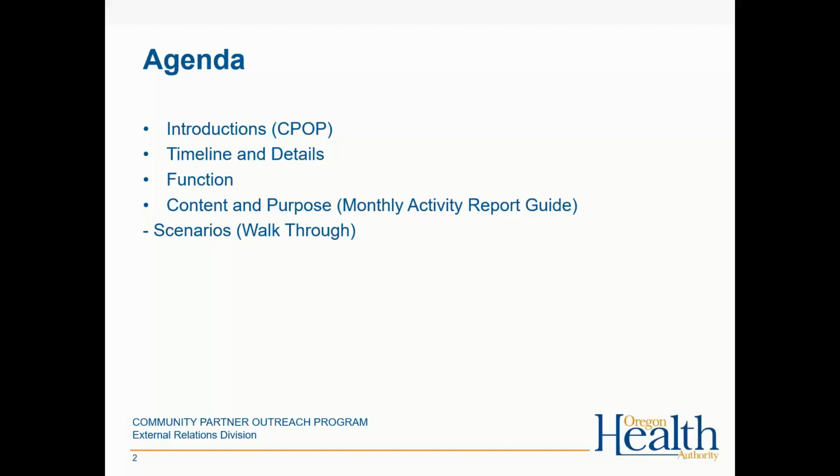Jessica, one of our rocks, is going to go over the supplemental guide we've created that goes along with the actual link, and the purpose of the guide. We're also going to go through a few scenarios and walkthroughs so you can get a little bit of a flavor of how this is going to work on your side.